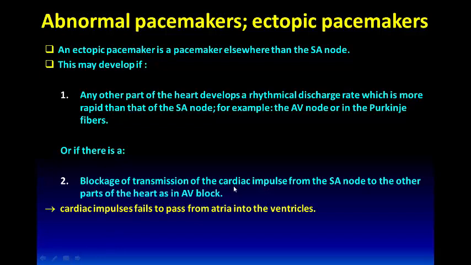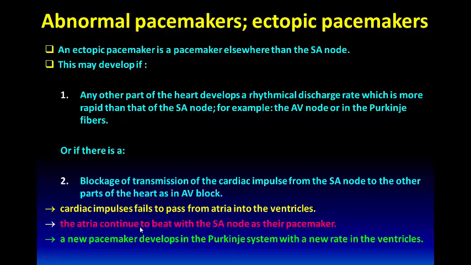Cardiac impulses fail to pass from the atria into the ventricles, and the atria continue to beat with the sinoatrial node as their pacemaker, and a new pacemaker develops in the Purkinje system with a new rate in the ventricles.